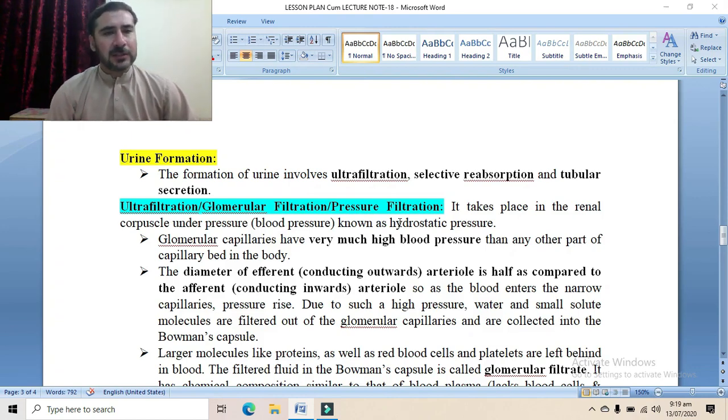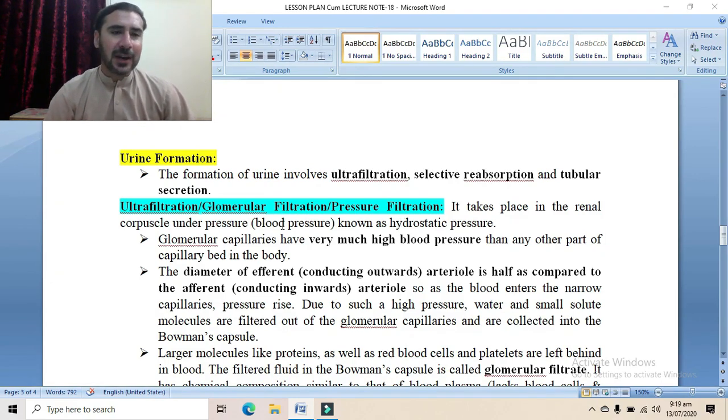The process takes place in the renal corpuscle. Just recall, the renal corpuscle consists of two parts, the glomerulus and the Bowman capsule. So this is the actual filtration unit where the filtration takes place under high blood pressure.